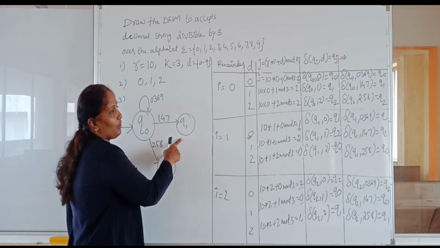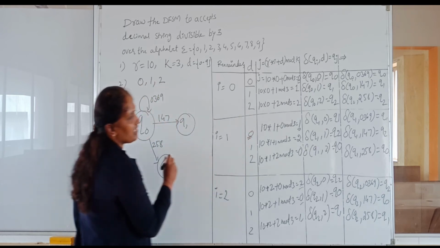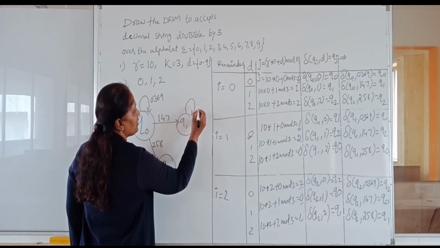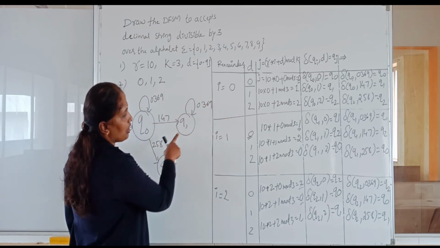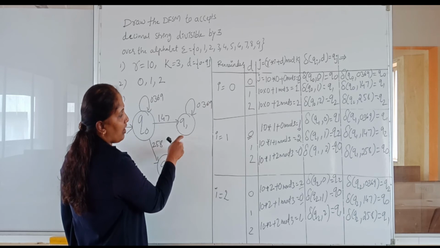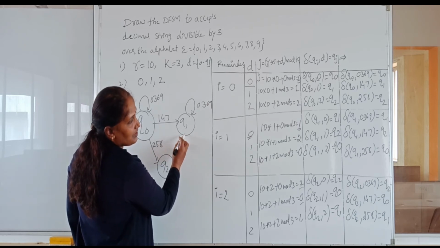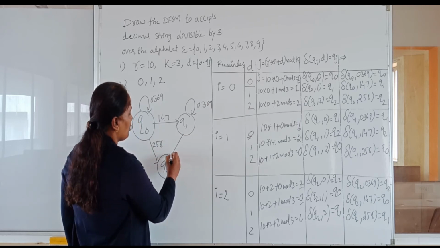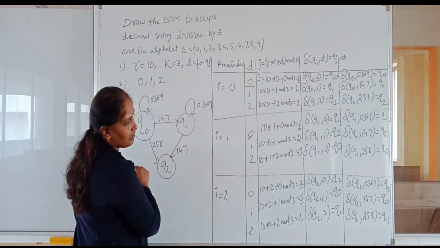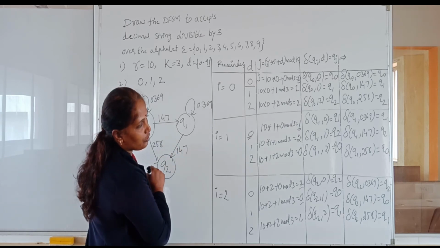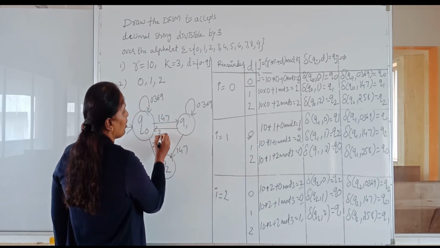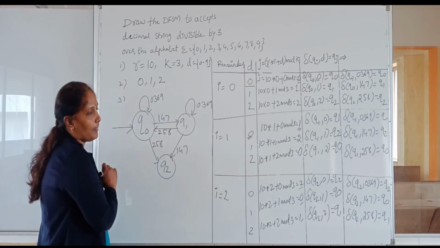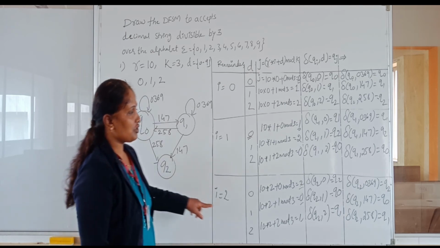Next, check out the Q1 transitions. Q1 of 0369, Q1 itself. So it is a loop for 0369. Next, Q1 of 147, I change state to Q2. This is for 147. Next, Q1 of 258, I move to the Q0 state. So this is for 258. Next, check out the Q2 transitions here.